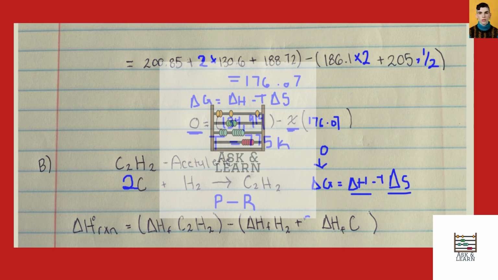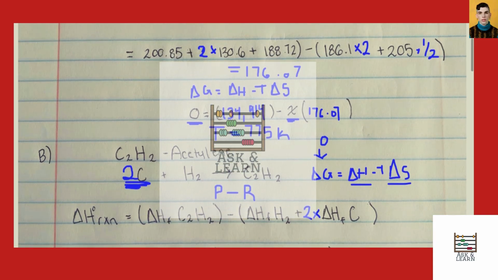I have my little skeleton here. And again, always remember to fill in the coefficients. So again, we have a 2 there, so we're going to put it into our equation. I have not provided the standard enthalpy of formation, but again, you should be able to find them in your textbook. And if you want to pause the video and do that calculation, this should come out to be 227 kilojoules.